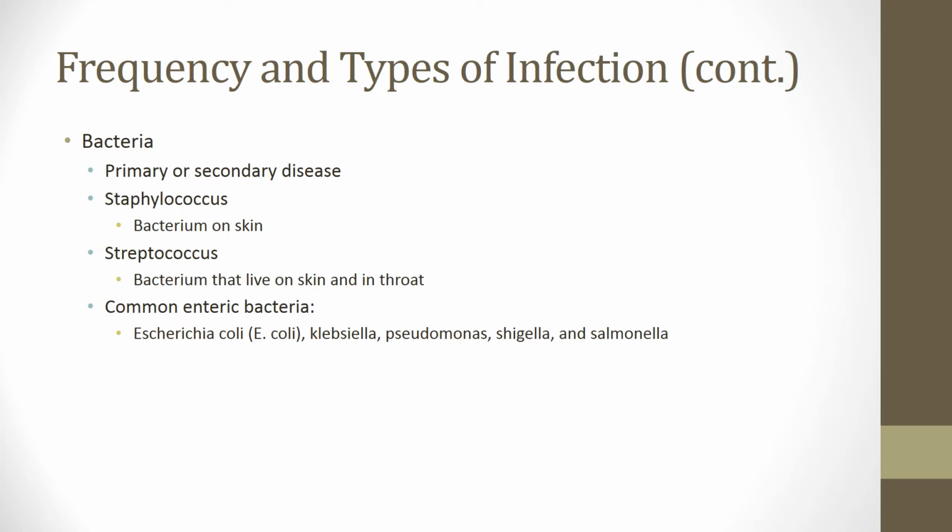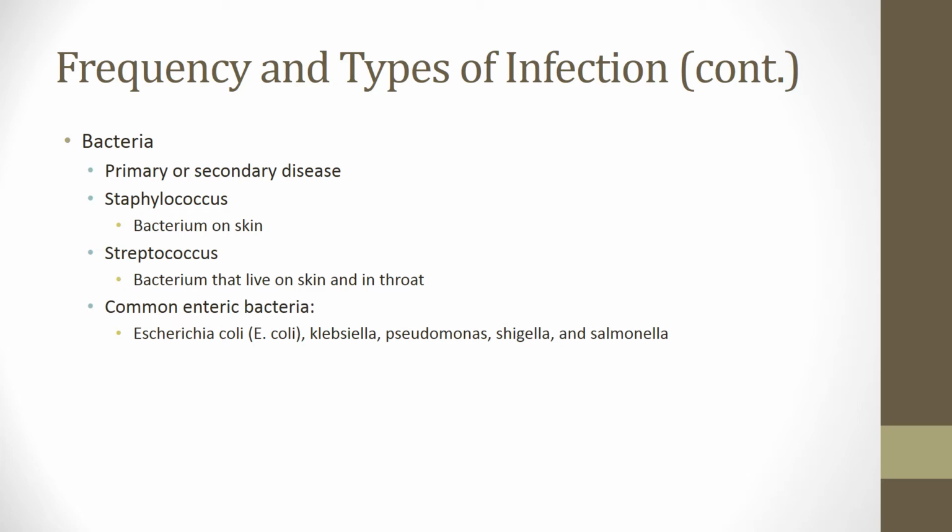Normal flora again is the bacteria that lives on the skin and is usually harmless. Besides the skin, we can see it in the intestinal tract, genital tract, and mucous membranes in the mouth and nose.